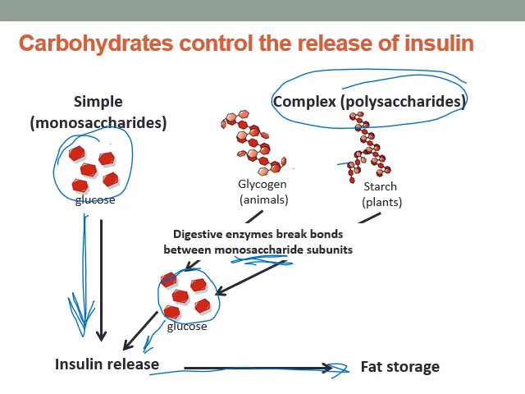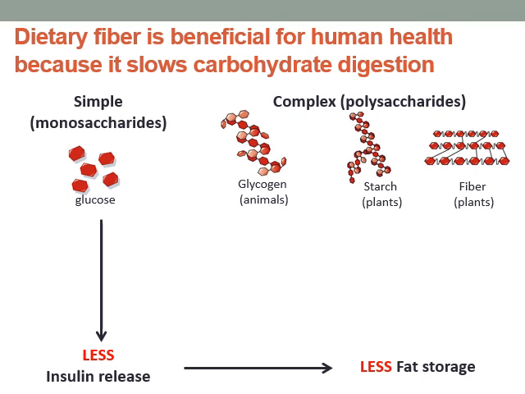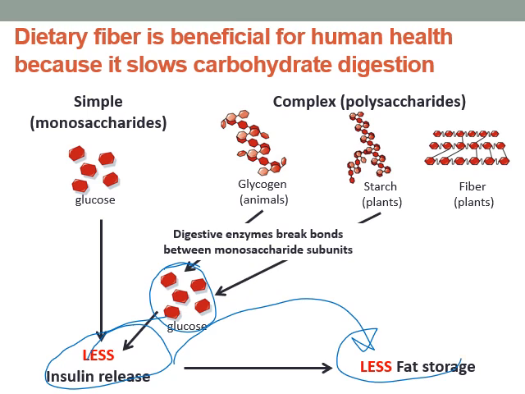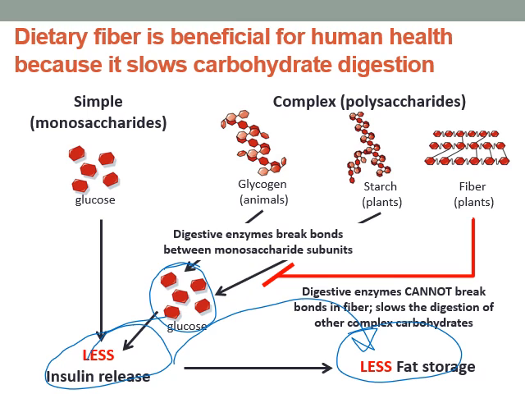So we don't really have to digest them and break them down. They go straight into an insulin release, straight into fat storage. Whereas our complex guys, we've still got to go through a process of digestion, which breaks them into monosaccharide units, which leads to less insulin release and overall less fat storage, which is ultimately what we want.